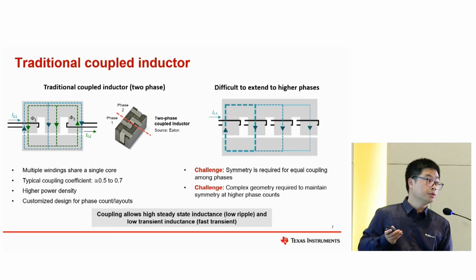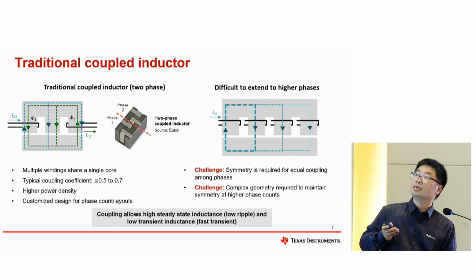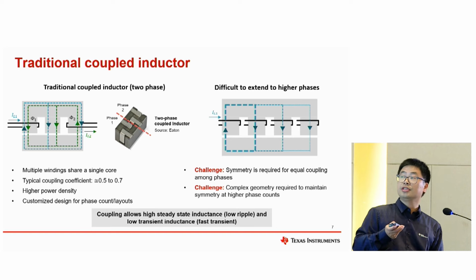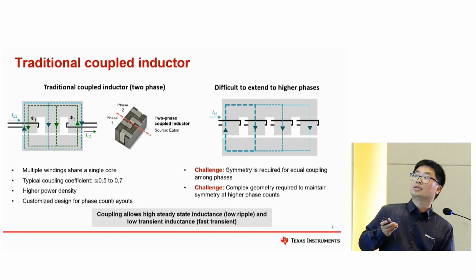This leg couples to this, this to this, this to this. But if the current is injected from this leg, the current will go to this or to this side. So the coupling coefficients will be different.